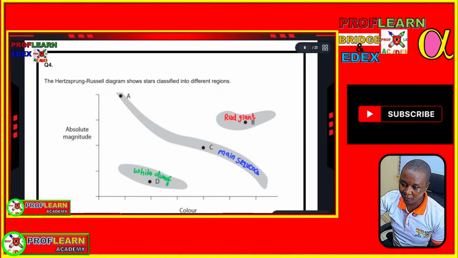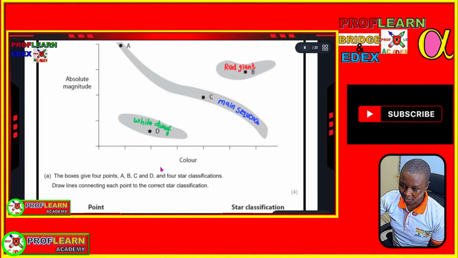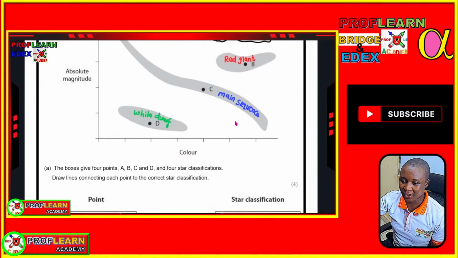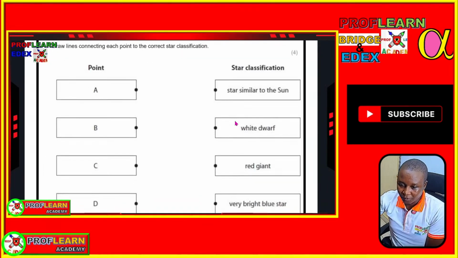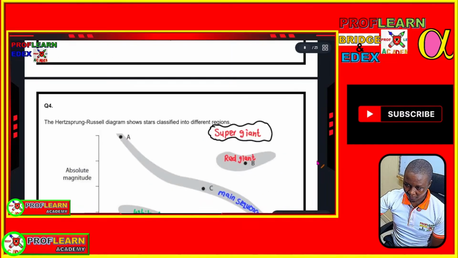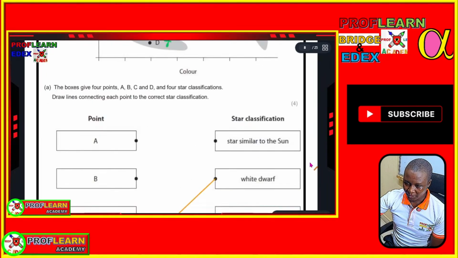These white dwarfs here, and then up here we have the red supergiants. These are massive stars. So we are supposed to draw lines. D is representing the white dwarfs.